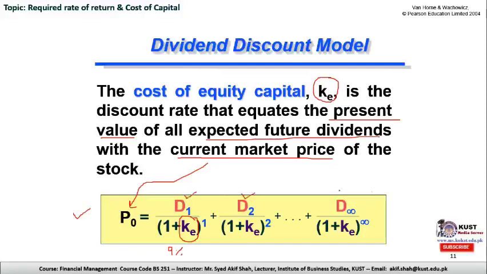The constant growth model explains that the dividend is growing forever at a particular percentage in a particular company. So D1 divided by 1 plus KE raised to the power 1. Then for the second year, D2 divided by 1 plus KE raised to the power 2. And it will carry on up to infinity if this is a constant growth model.